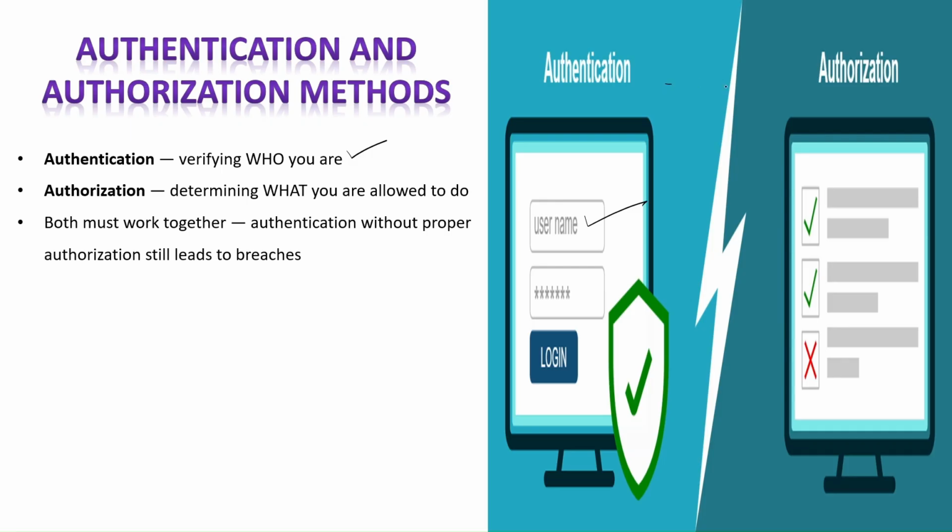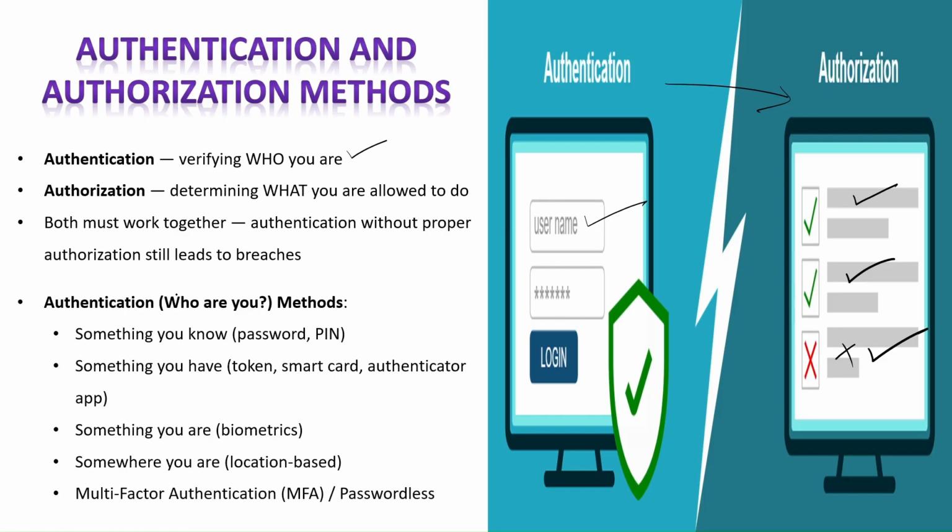So, after authentication, we have the authorization, and inside authorization, the user is allowed to do certain tasks. So, both of these must work together. Authentication without proper authorization still leads to breaches. So, if you authenticate a user but you give this user unnecessary privileges and access to unneeded applications, this may also lead to breaches.